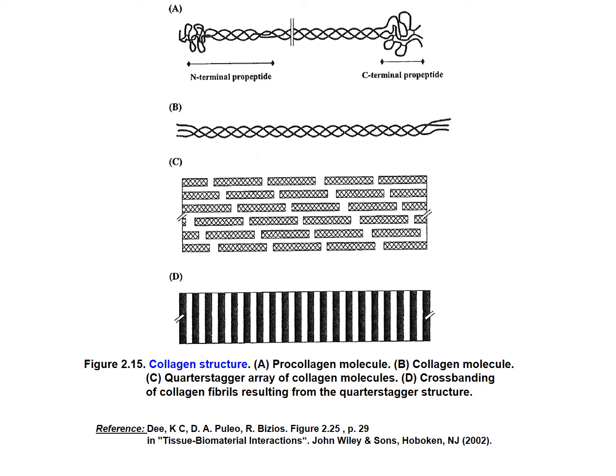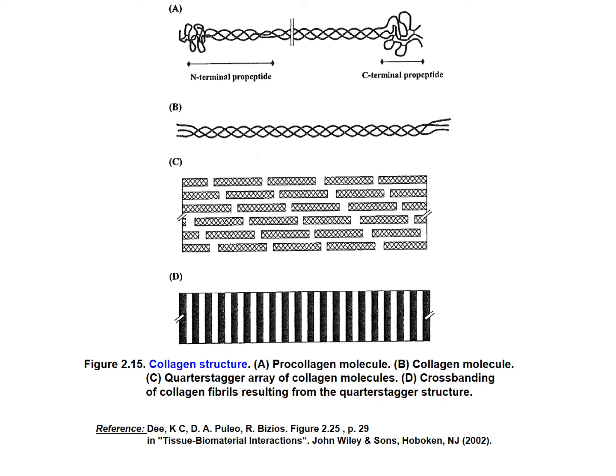I will make some comments regarding frame D, because when histological examination of various tissues was studied, they noticed in the extracellular matrix this particular arrangement, which sometimes colloquially they call railroad arrangement.